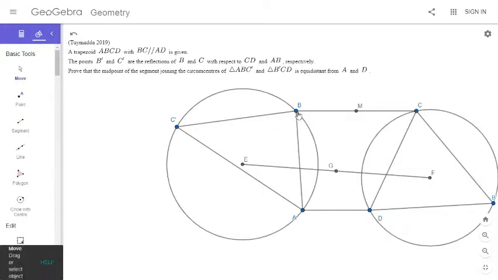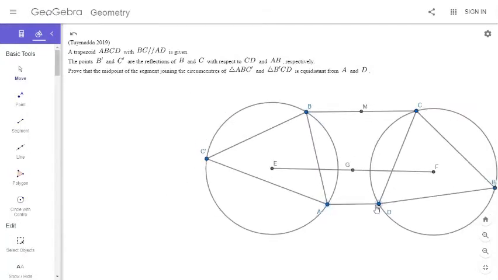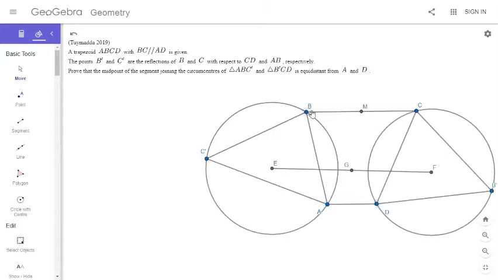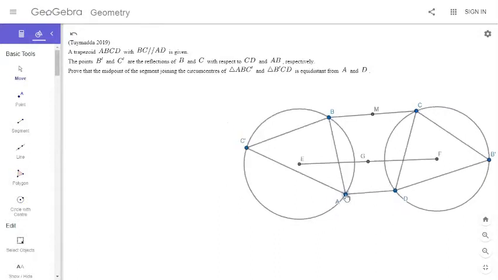Okay, let me try to shrink this a little bit to make more room for the proof.